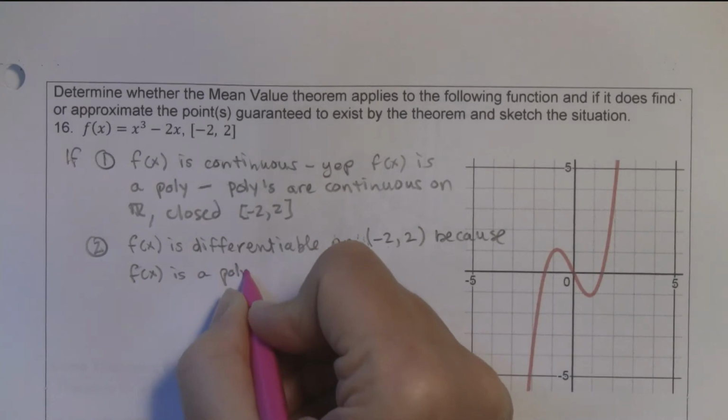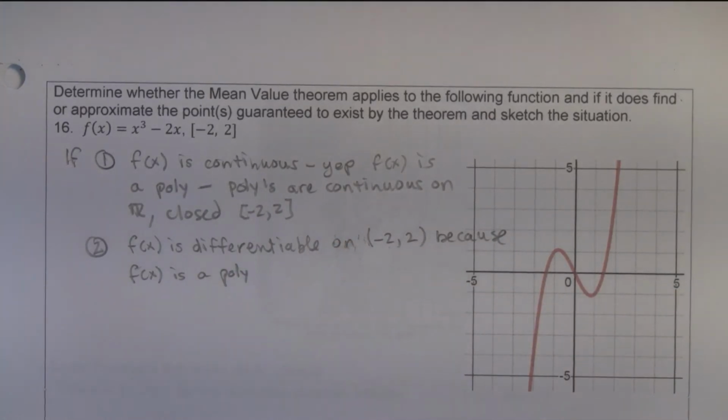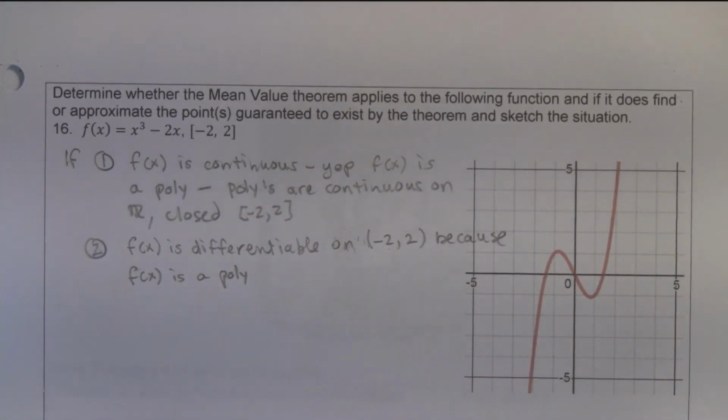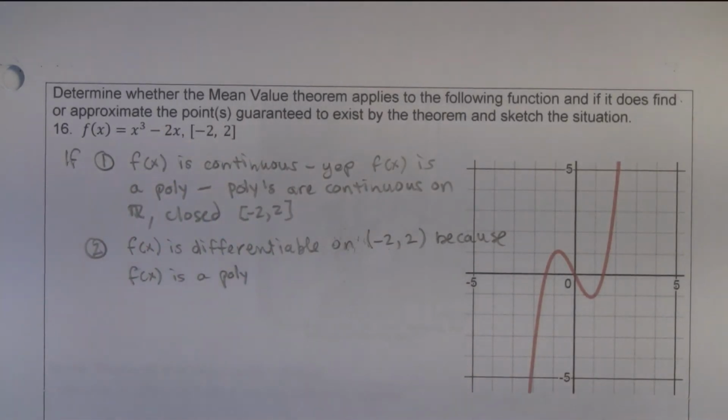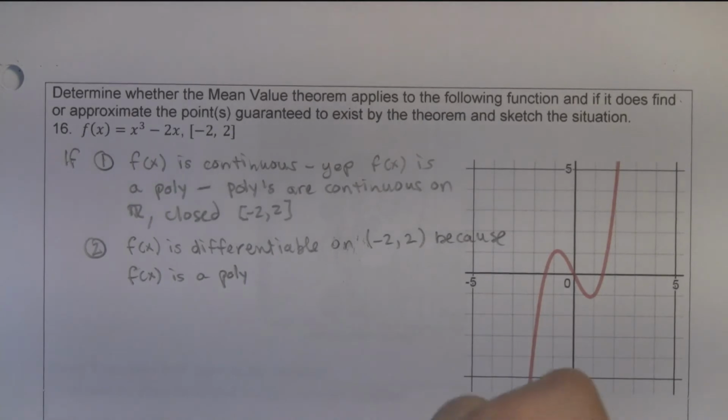Now, you can't say that if it's not a polynomial, but because it's a polynomial, it's continuous and differentiable on any closed interval that you have. And so that's all, those are the ifs.